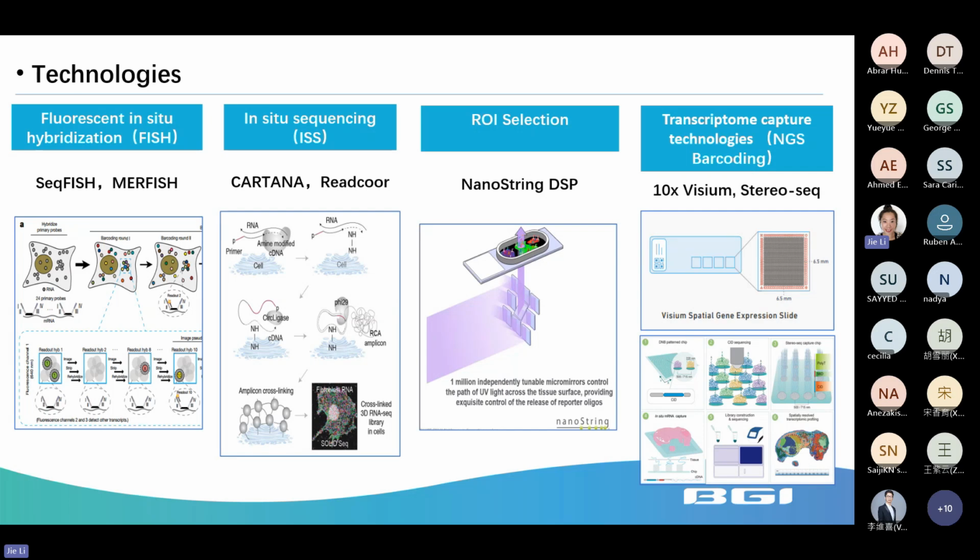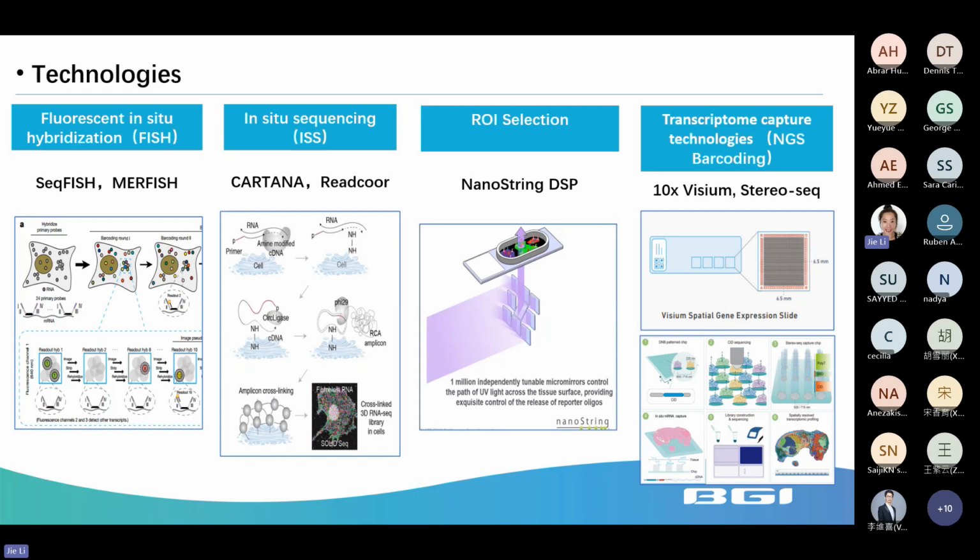For the image-based spatial transcriptome, the most known are FISH, MERFISH, seqFISH, etc. This technology uses fluorescent probes designed for specific RNA sequences to achieve in situ detection of specific genes. Methods like FISH or MERFISH, through complex encoding strategies, have the capability to detect hundreds to thousands of genes.